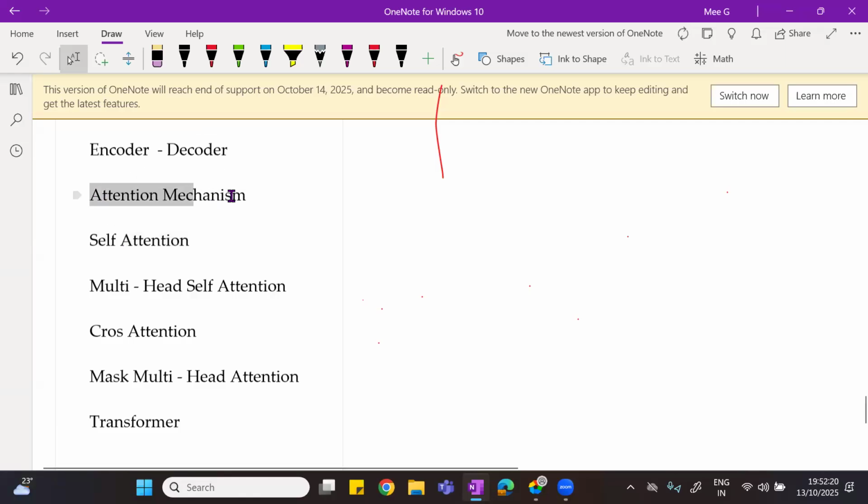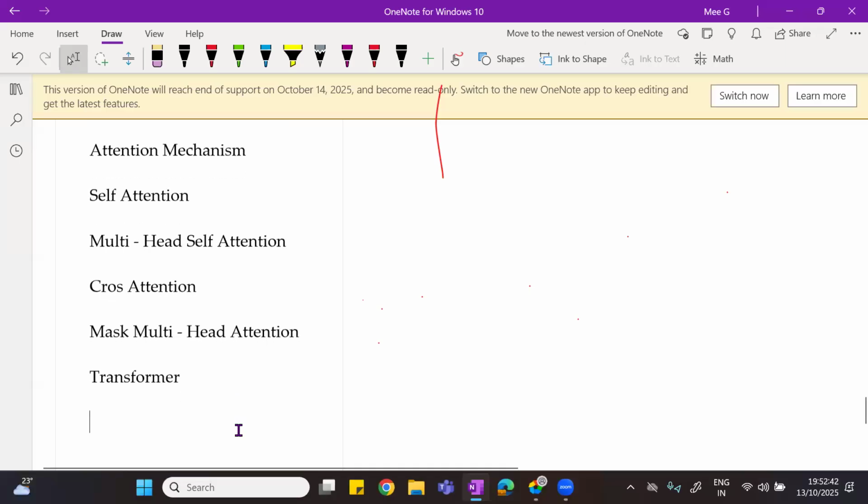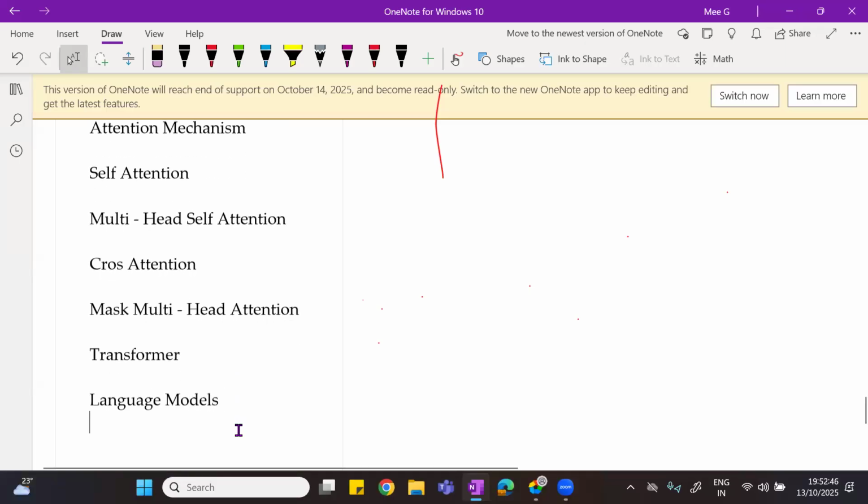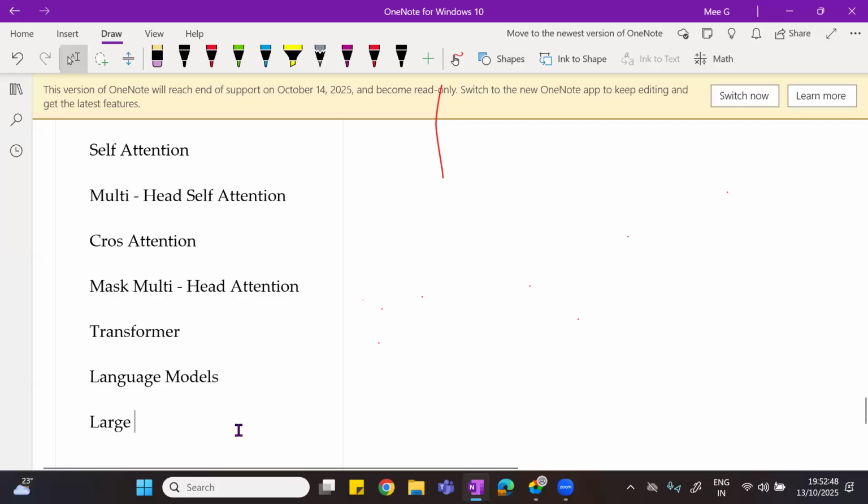Self-attention is an extension of your attention mechanism. These are groundbreaking research which the people have done. The transformers. And because of the transformers, your generative AI exists as of now. Okay. Now, from here on, we will learn the language models. We will see the large language models.